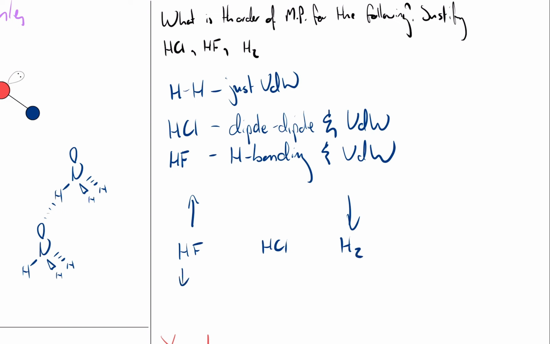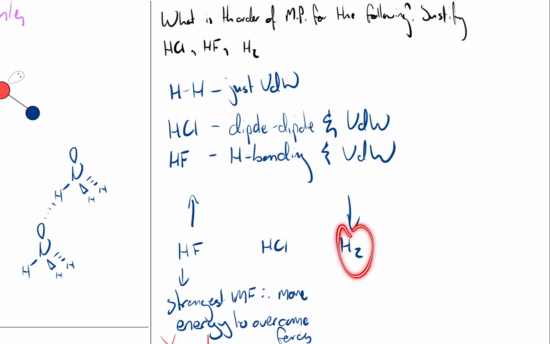And here we can say strongest intermolecular forces, therefore more energy to overcome forces. And we just do the opposite here, right? Weakest intermolecular forces only, therefore less energy required to overcome the forces.